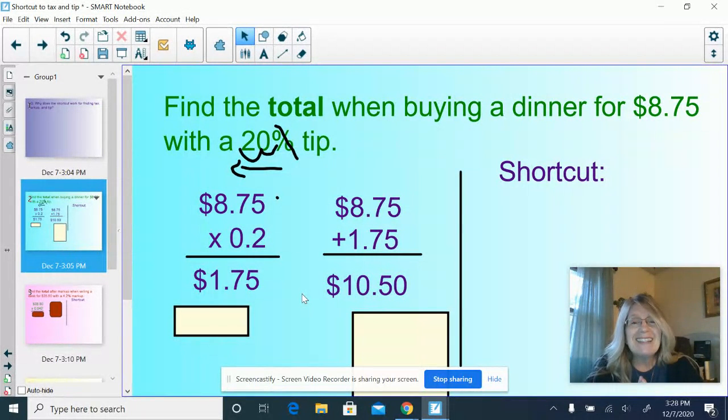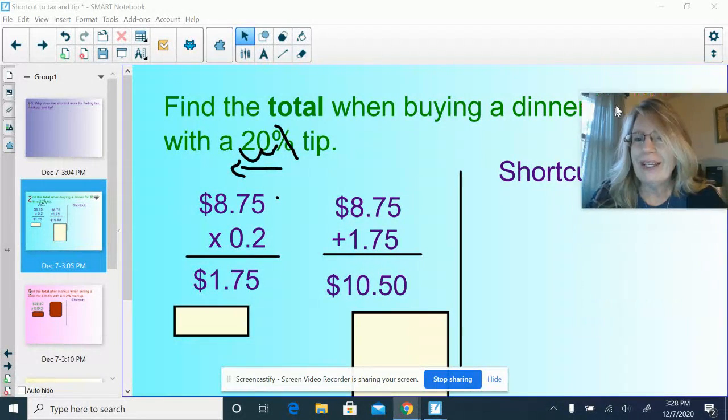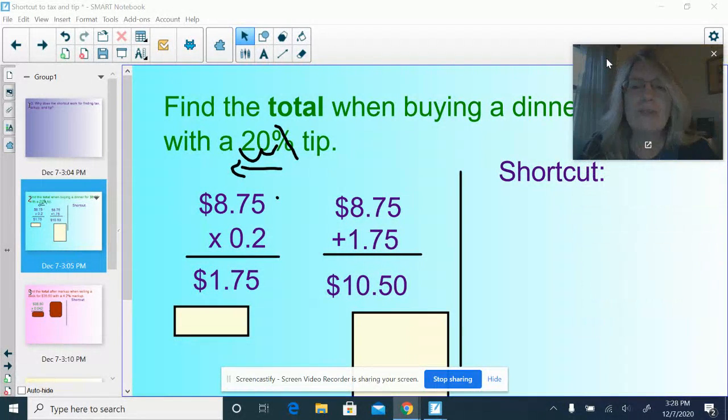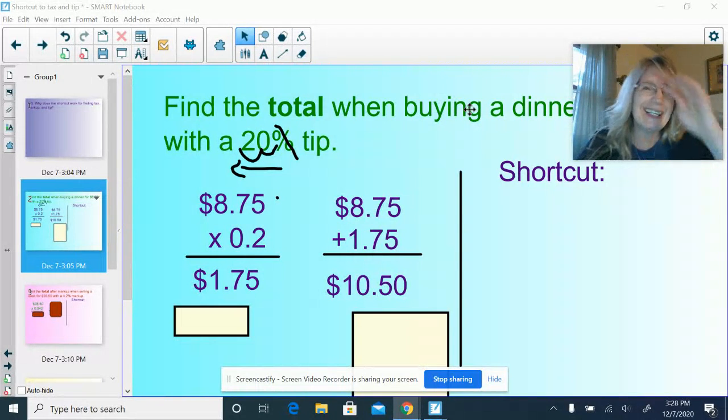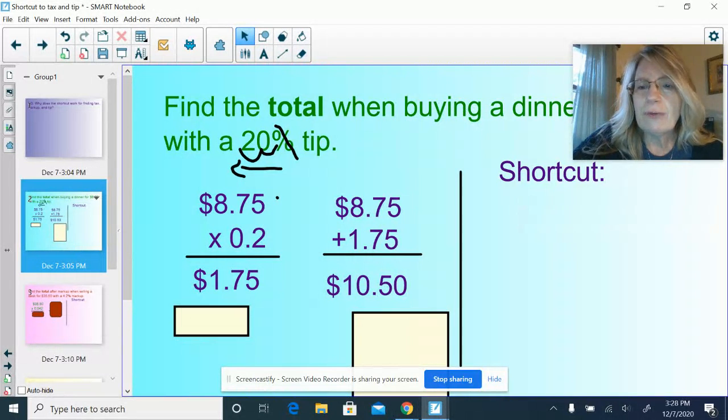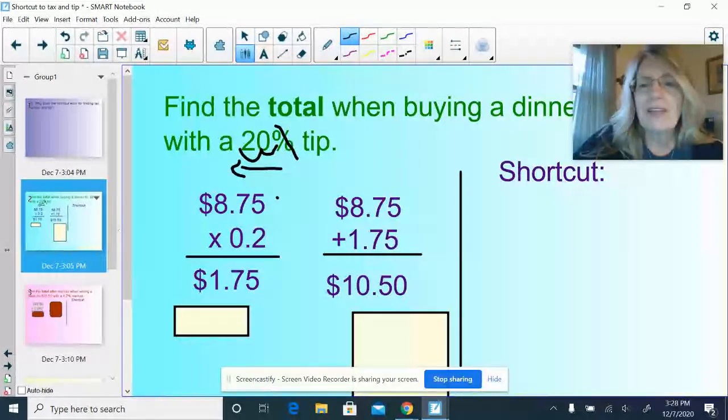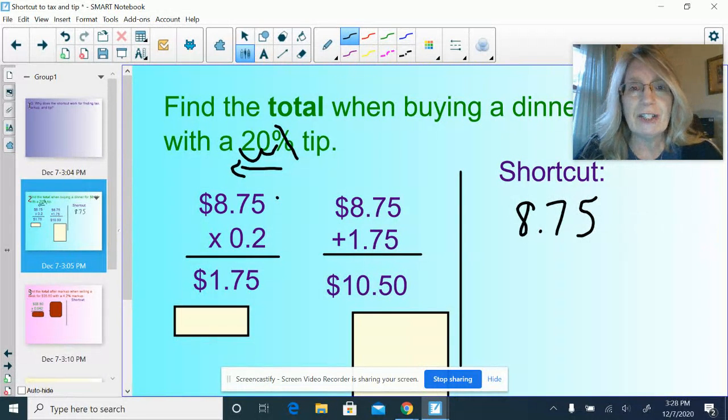Here's the shortcut. Hopefully you guys remember the identity property. This is when the identity property works. So let's say I have $8.75 for the price of my dinner.